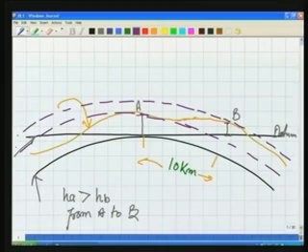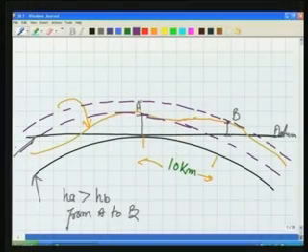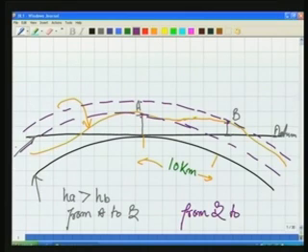Well, one thing very interesting, if we look at the equipotential surfaces, the equipotential surface or the level surface which is passing through B is higher than the equipotential surface from A. What is the meaning of that? The meaning of this is the water will actually flow from B to A, not from A to B.